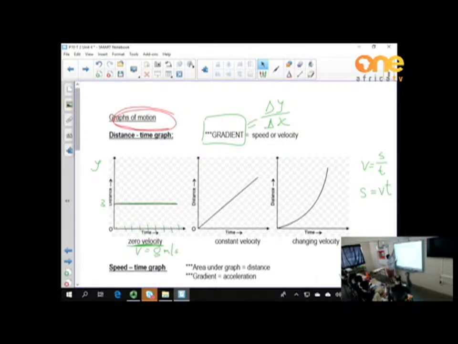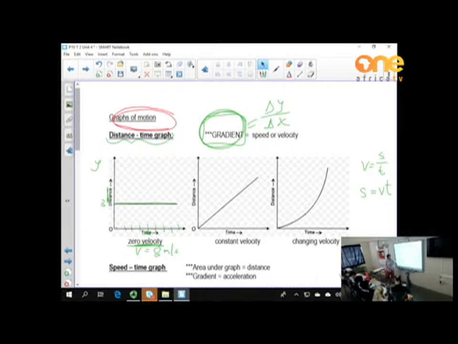Have a look. What is my y-axis? Distance. Okay? What is distance divided by time? Speed. So, when I have distance time graphs, the gradient of a distance time graph will give me the speed.